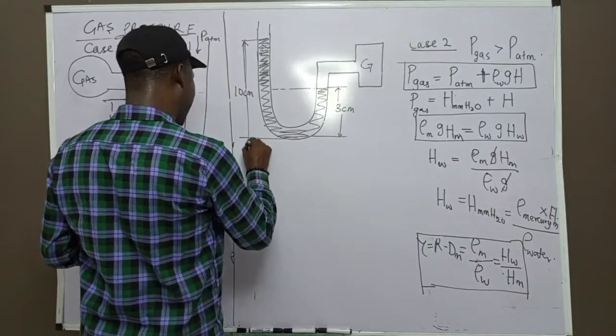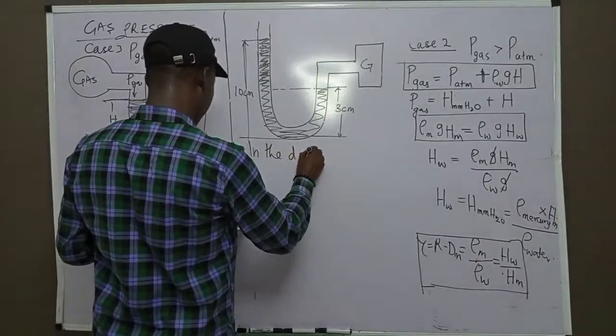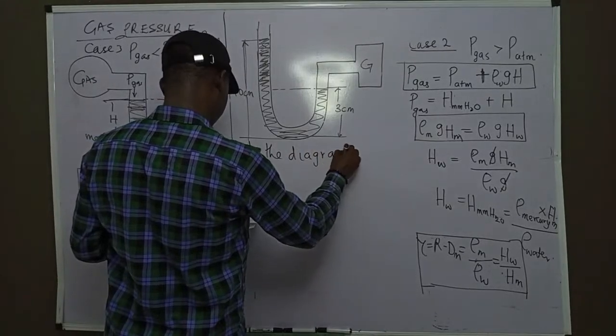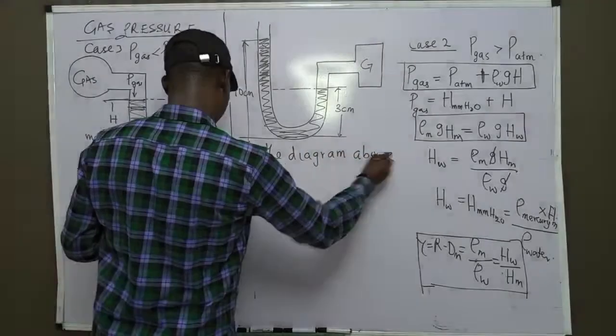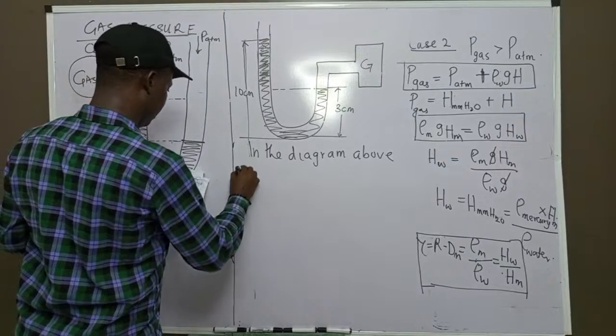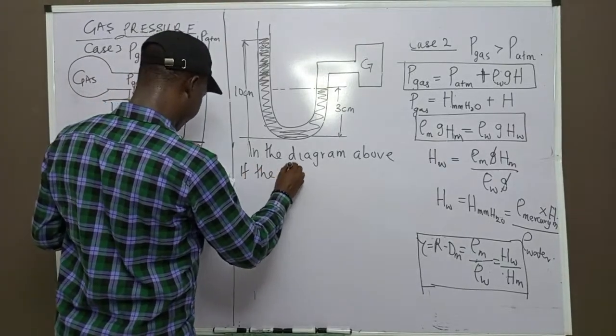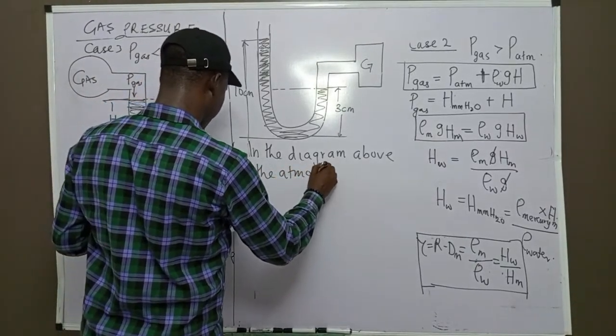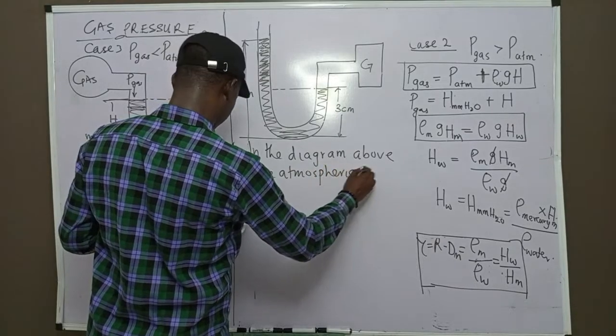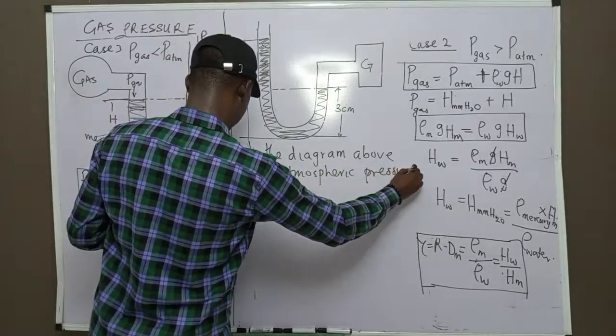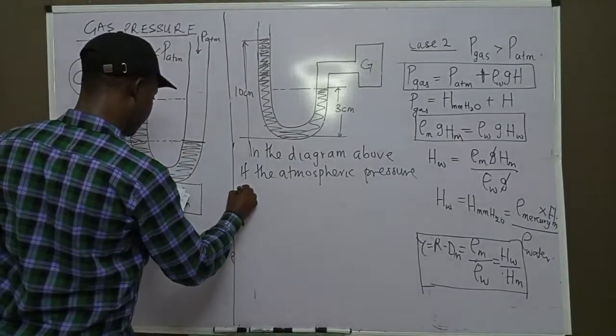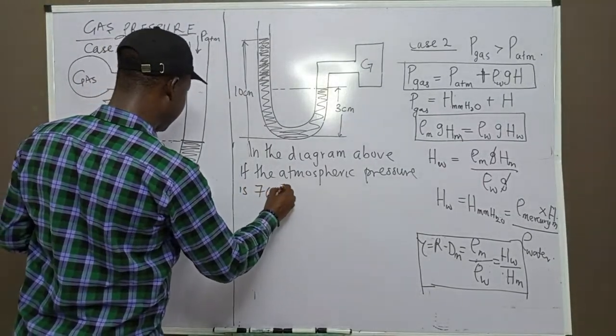I say in the diagram above, if the atmospheric pressure is 760 millimeter mercury.